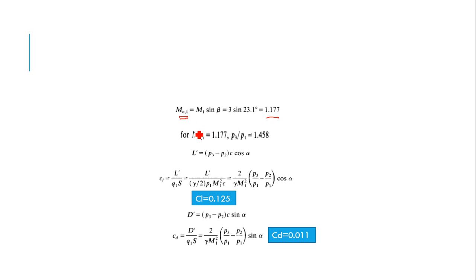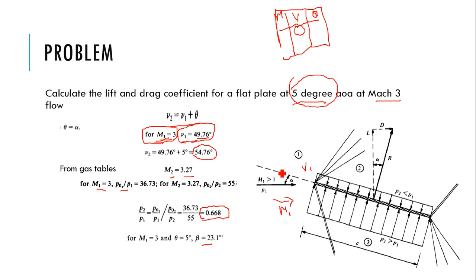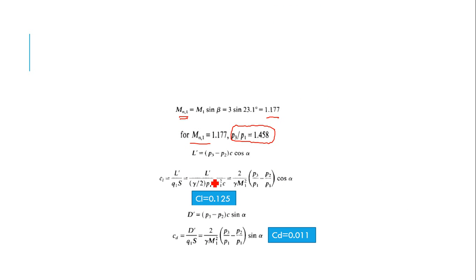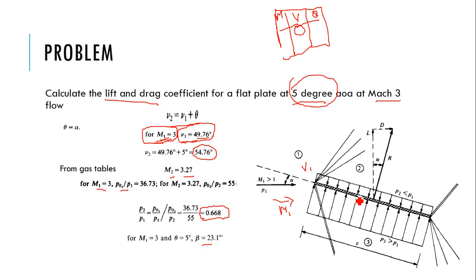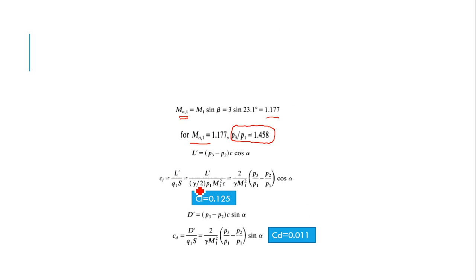With this Mn1 we can find the pressure ratio, which will be 1.458. Now we can substitute into the formula, because they asked us to find the lift and drag coefficient. The lift formula is L dash equal to P3 minus P2 into C cos alpha.